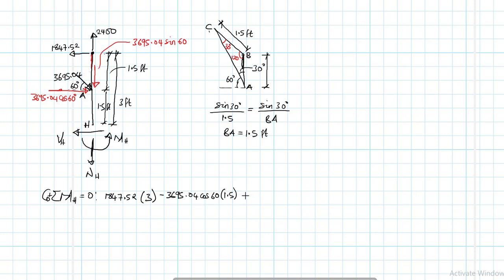Alright, what else? That's all. And then we have the plus MH, then equal to 0.